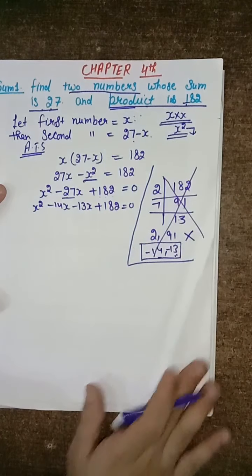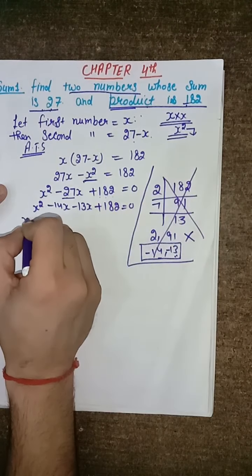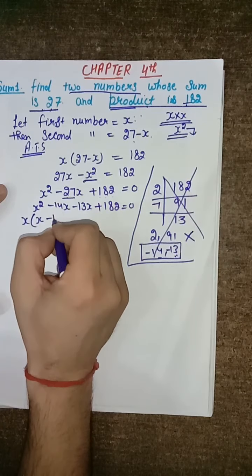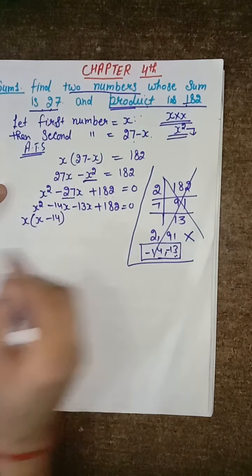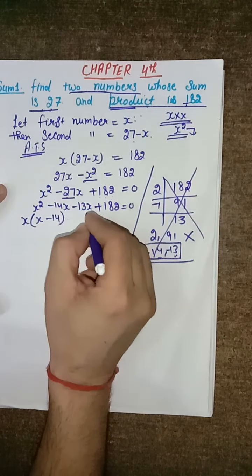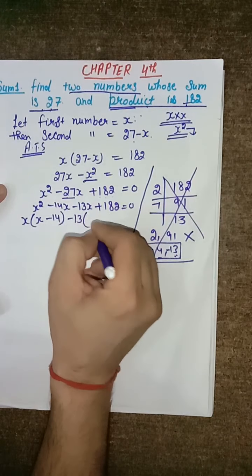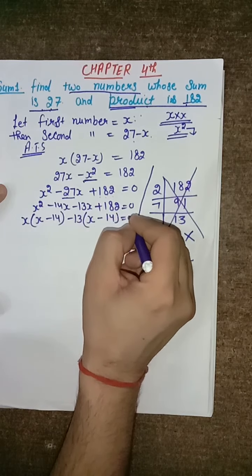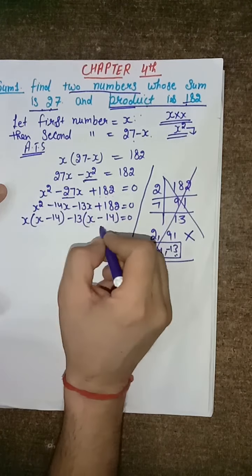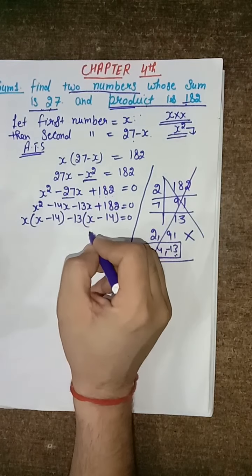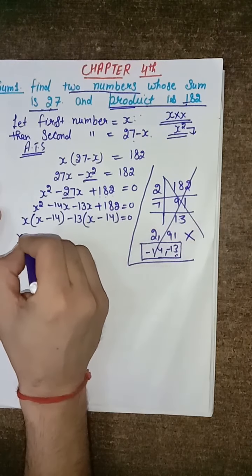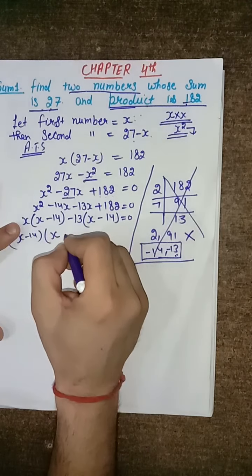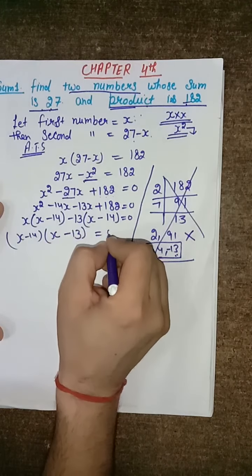So we have done that. Now take x common. Here we are left with x and minus 14. And now take minus 13 common, we are left with x and minus 14. In these two cases we have x minus 14 common, and we are left here with only x and here minus 13, equals 0.